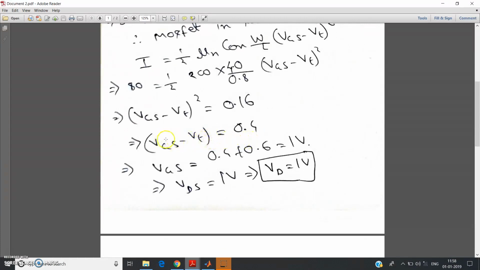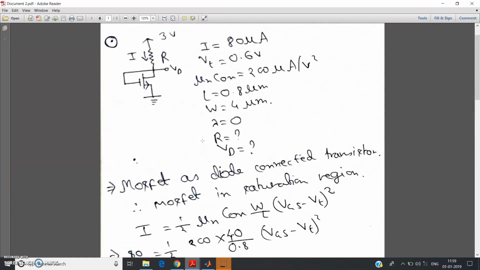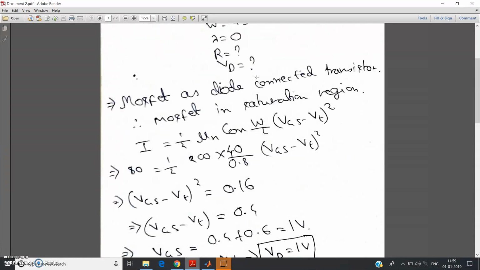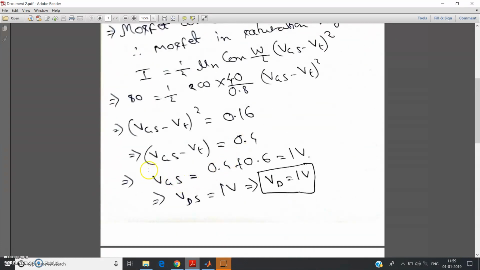So VGS equals 0.4 plus VT, and the threshold voltage for this NMOS is 0.6 volt. Substitute that and you get VGS as 0.4 plus 0.6, which equals 1 volt. For the diode connected transistor configuration of MOSFET, VGS is equal to VDS, so VDS equals 1 volt.